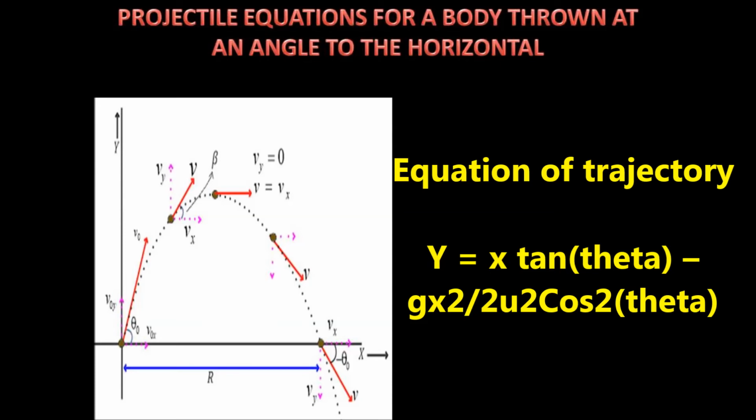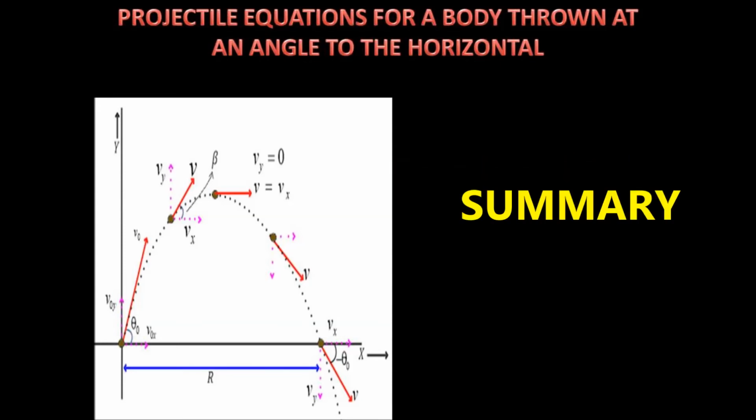How did we make it so simple? Let's do the summary now. We made it so simple because we have reduced a two-dimensional motion into two one-dimensional motions. All we did was take u and break it into two components, u cos theta and u sin theta. We took u cos theta separately and u sin theta separately, and that is a technique in projectiles.